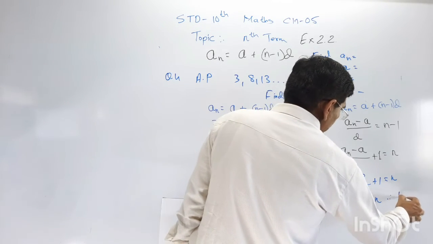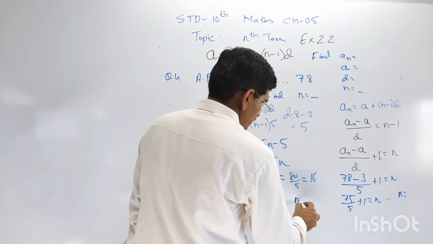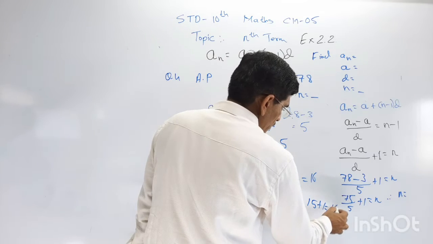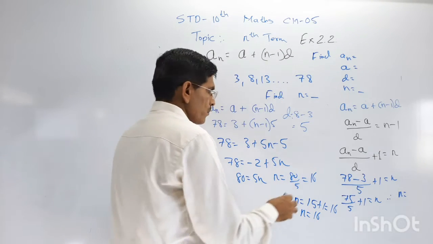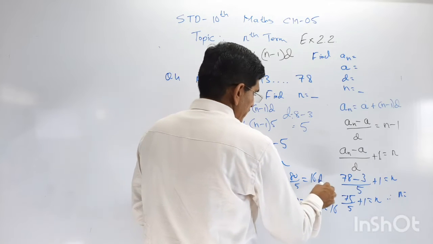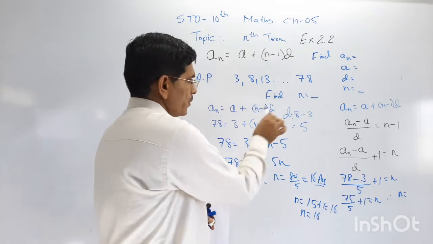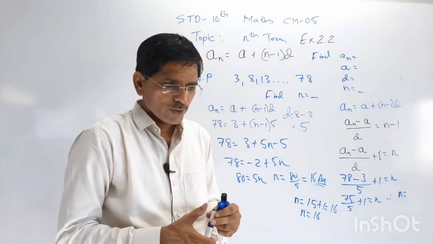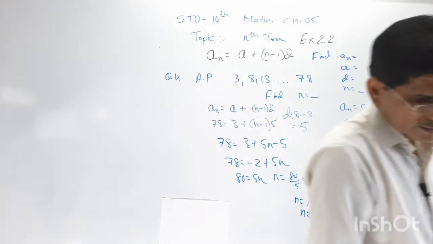Therefore n is equal to 15 plus 1 is equal to 16. So n is equal to 16. Both ways we can get the correct answer. By putting values in the formula, we get the same answer. I think you have to write this.